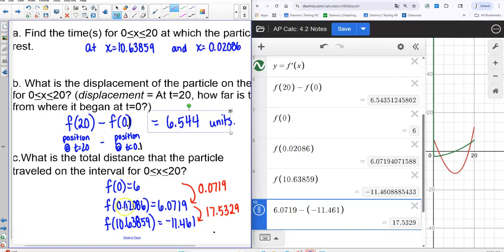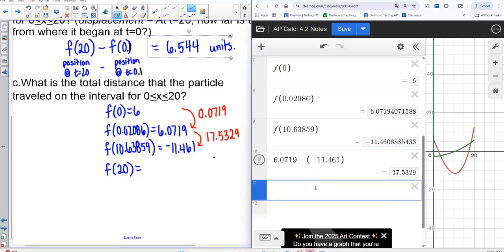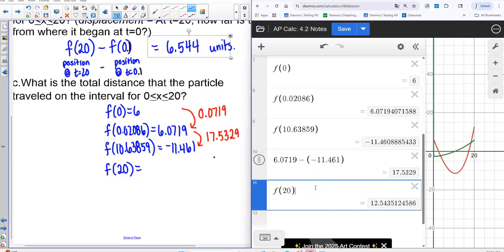And then the particle turns around, it goes to the right until it gets to f of 20. And f of 20 is 12.544.